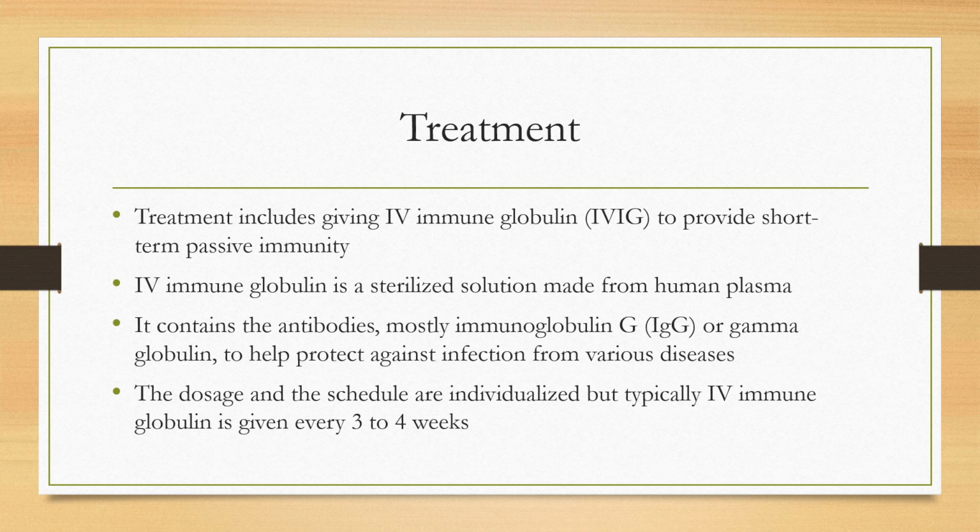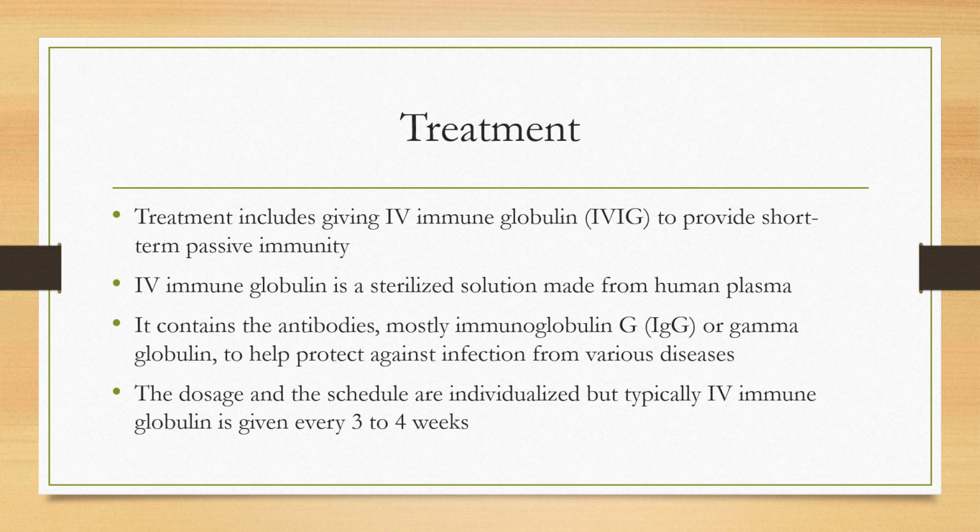It will contain the antibodies, mostly immunoglobulin G, which is the IgG, or gamma globulin, to help protect against infection from various diseases. The dosage and the schedule are going to be individualized, but typically IV immunoglobulin is given every 3 to 4 weeks. And if you can, think about this as a little booster to the client's immune system.